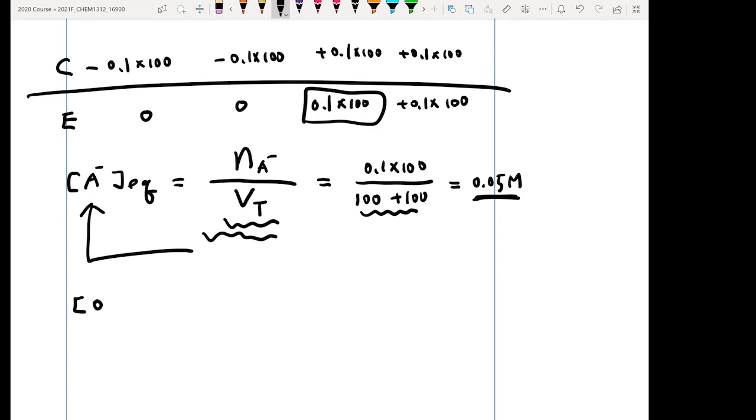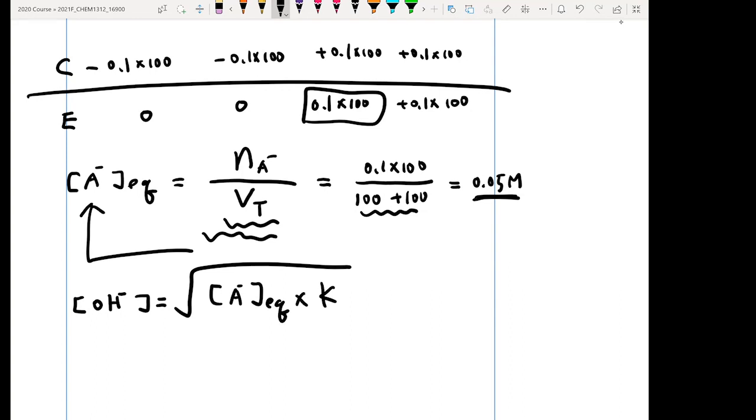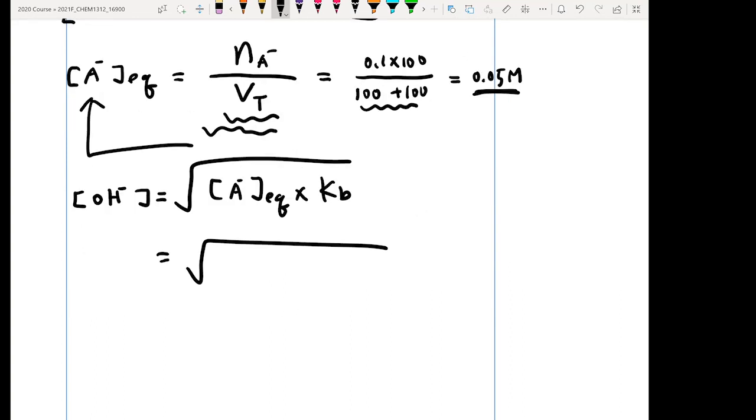Therefore, you can calculate your OH minus concentration, which is going to equal the square root of your A minus concentration at equilibrium times your Kb. A minus concentration is 0.05. But do we have Kb? We don't.